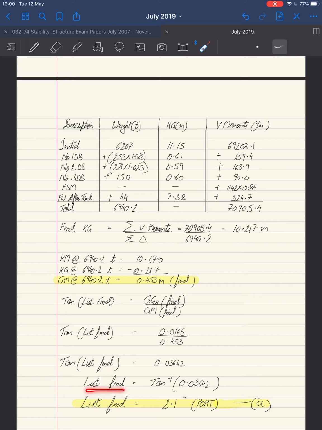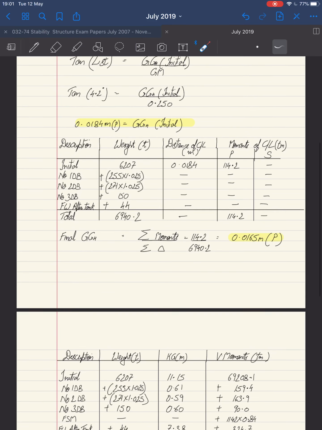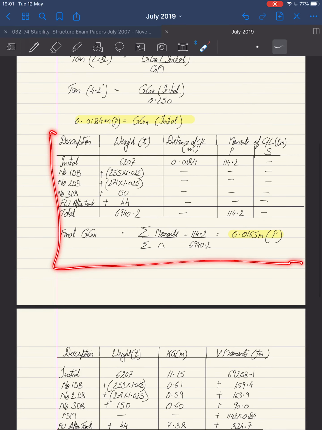So list final equals tan inverse of 0.03642, and list final equals 2.1 degrees, and direction is port. The direction is port because if we look at the GG' table, which is here, this table.